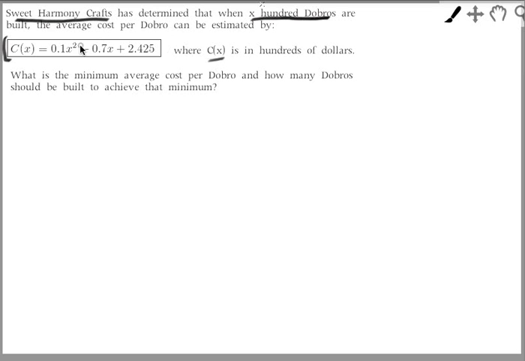Now if you remember, I've stressed throughout the course that you can always replace the left side of a function with y. And that's my way of wrapping my brain around this in terms of x's and y's, ordered pairs, and the xy axis. So really what we're thinking here in terms of is something very familiar, an ordered pair in which the x value is in hundreds of Dobros.